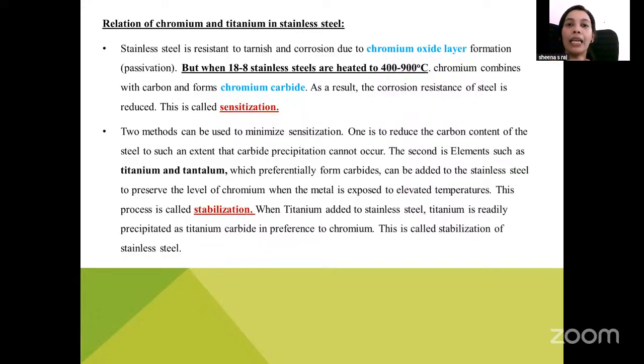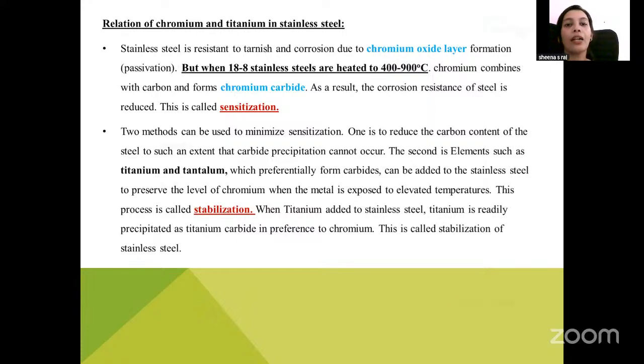These three important terms you have to keep in mind when dealing with stainless steel questions. First is passivation, which is chromium oxide, a good stage. Sensitization is chromium carbide, which is the least resistant phase, and the best is the stabilization phase, where instead of chromium carbide we add titanium as well as tantalum.